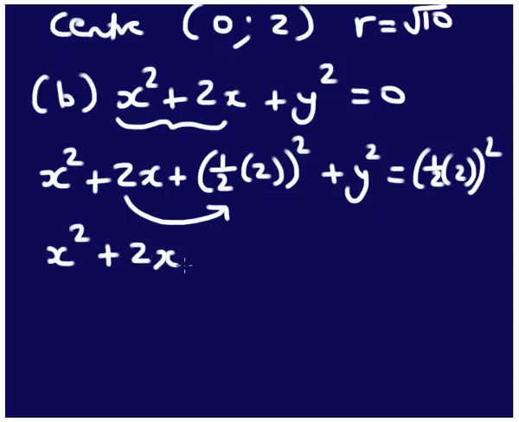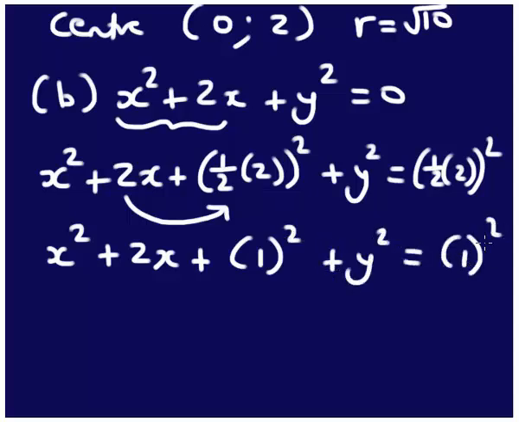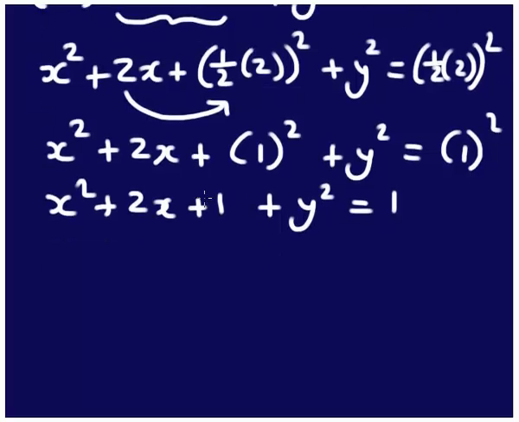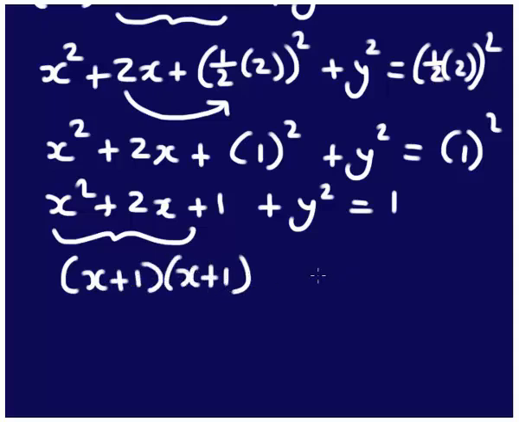Okay, so it's x squared plus 2x, so half of 2 is 1. Then we've got y squared, and this is also 1 squared. So that's x squared plus 2x plus 1 plus y squared is 1. So you haven't changed much because the 1's would have cancelled. It's still x squared plus 2x plus y squared is 0, but you've put the 1 in, and the advantage of doing that is that this can factorize into a perfect square, and then the y we can write as (y minus 0) squared.